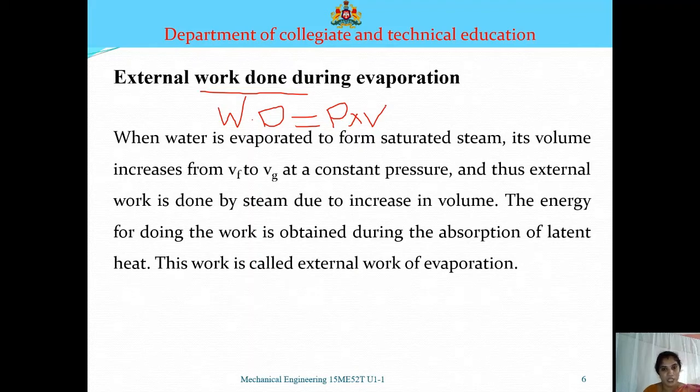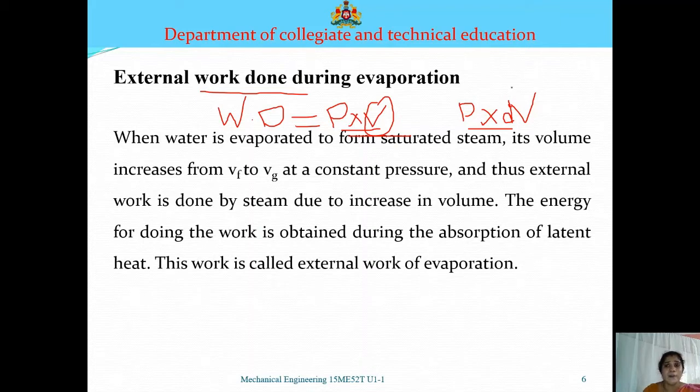For the constant pressure process, it was P into change in the volume. Right? So that was the equation we had in basic thermodynamics. Same thing we're going to continue. We're going to use the same formula for this particular work done also. So we know that it's P into change in volume, I'll write it as dV.